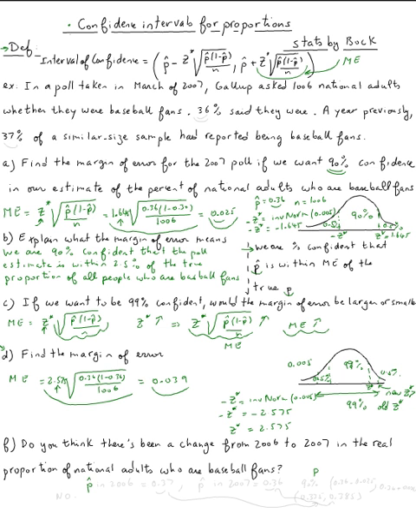We know that p hat in 2006 was equal to 0.37, and p hat in 2007 was equal to 0.36.